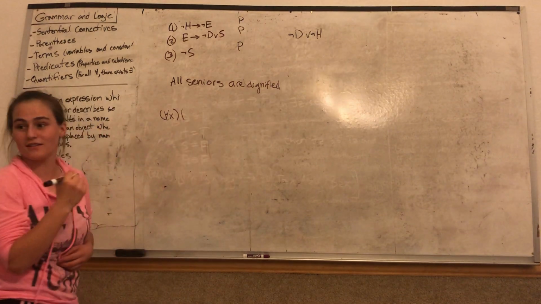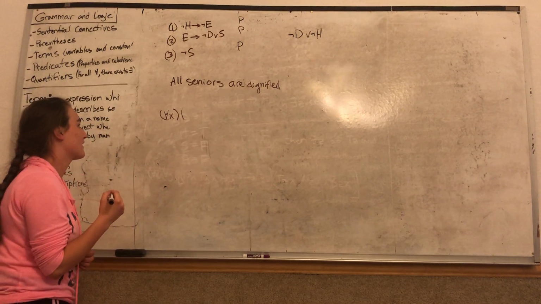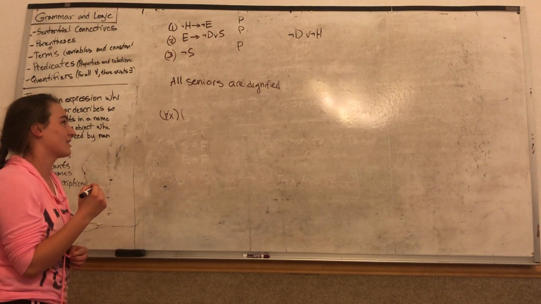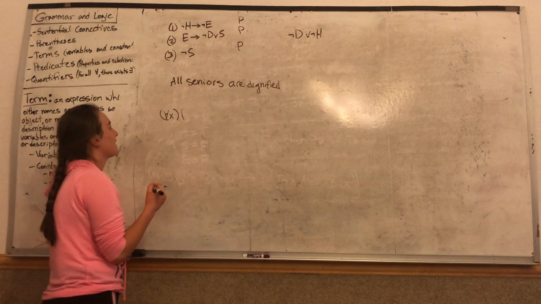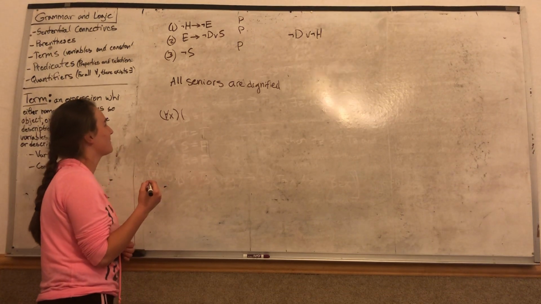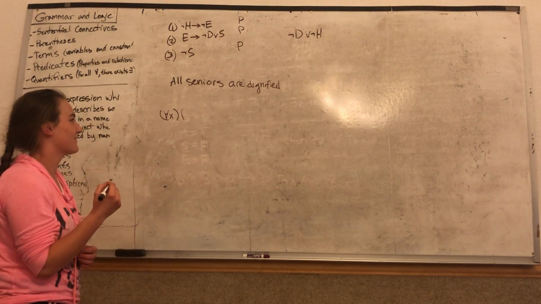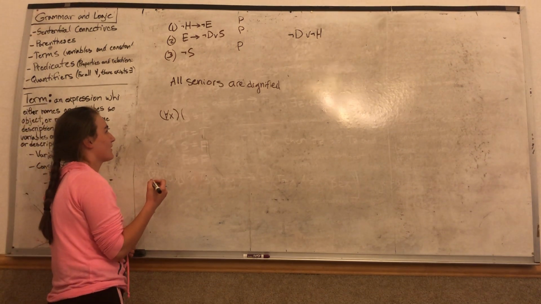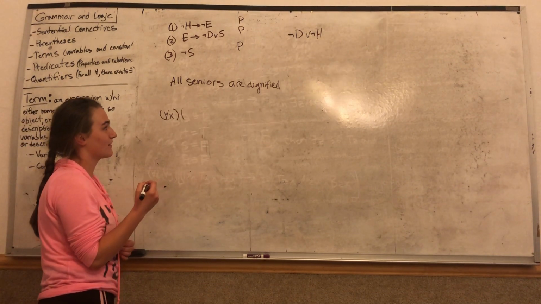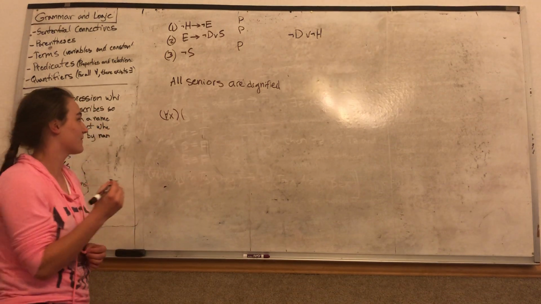And isn't seniors a predicate? A property that people have? Is seniors a term? Nope. X is a variable. For every X, if X is a senior, then yes, you're gonna have an implication.